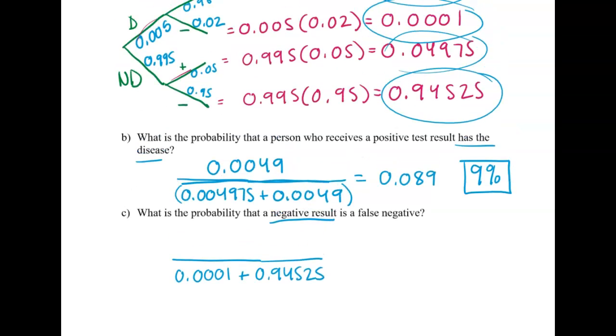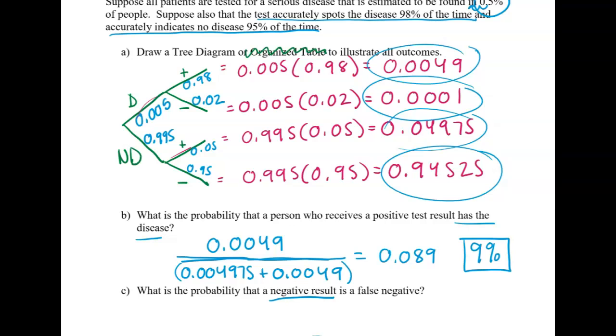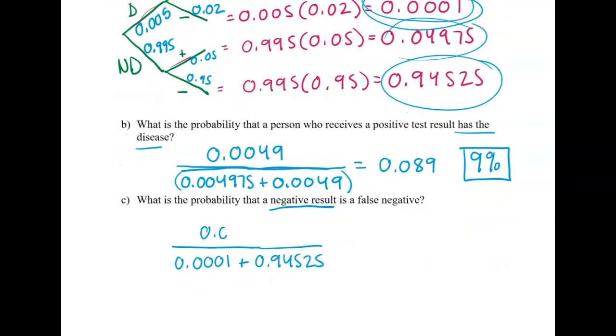A false negative is where you actually have it. So we're looking at the negative test where they had the disease, so 0.0001. Again, put parentheses around here. When you put this in your calculator, you get 0.0001. If we change that to a percent, we'll multiply by 100 and move the decimal place 2 to the right. We get 0.01%.